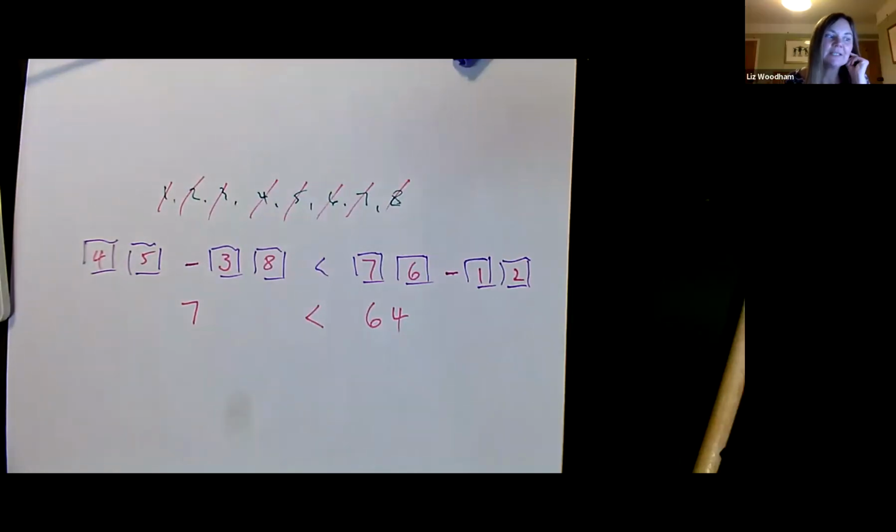That's right, it is. In the example on the screen at the moment, the score is 7. Yeah, so it's the result of the subtraction on the left.